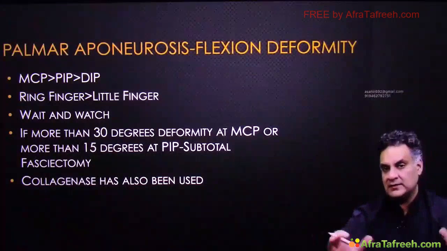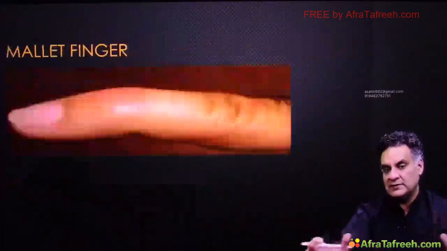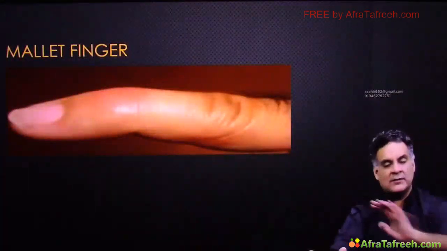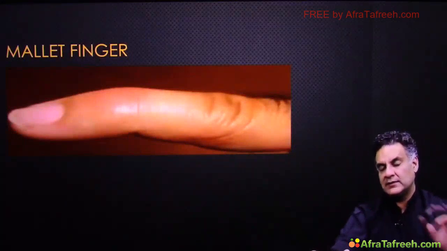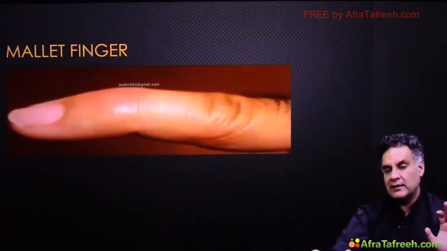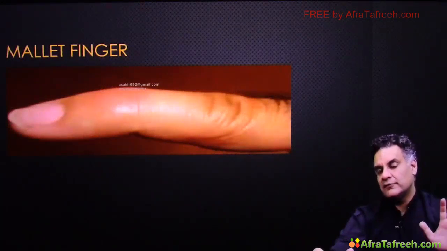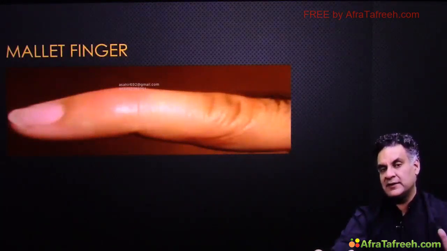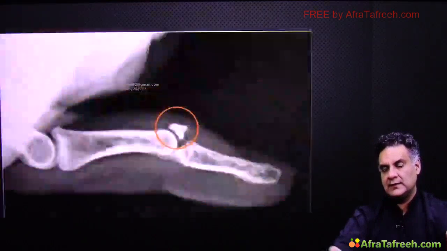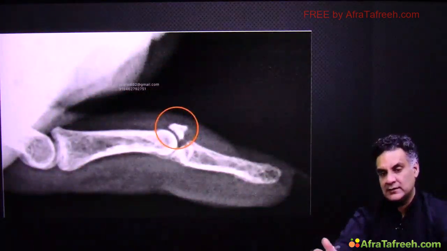Dupuytren's and gamekeeper's keep on coming in alternate years. One of the commonest MCQ questions. Avulsion of the extensor tendon from the distal phalanx is mallet finger. It can be soft tissue, it can be bony avulsion.